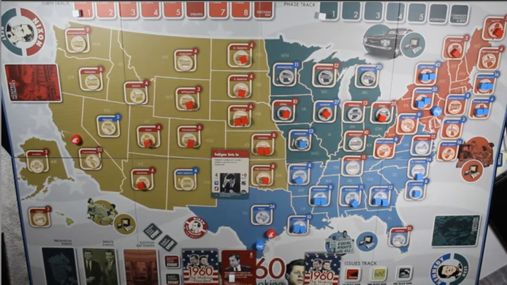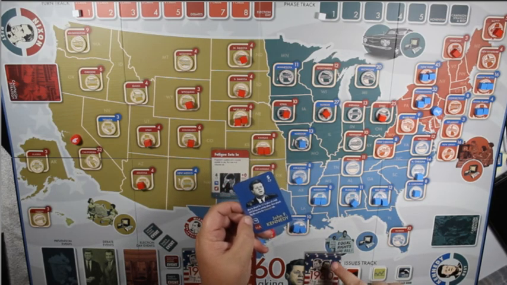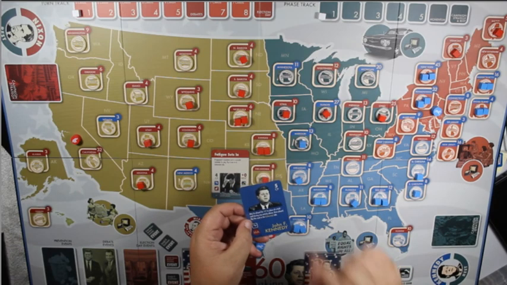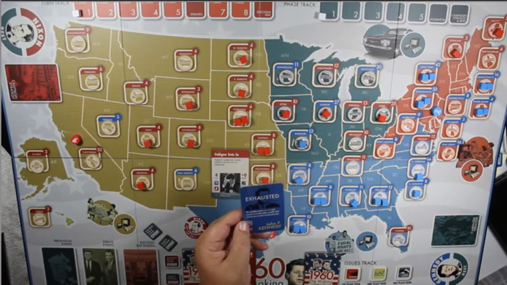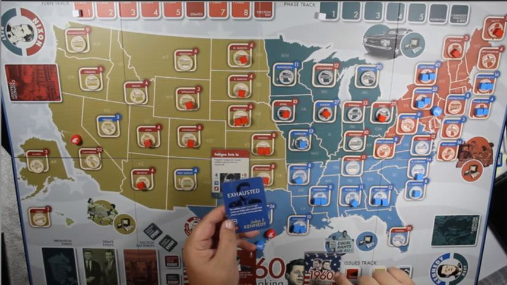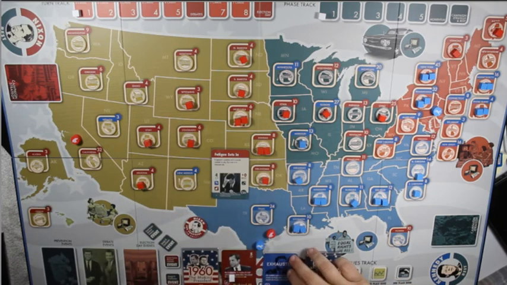At any time, you can play your candidate's card instead of a card from your campaign deck for 5 CP, and then you flip it over to exhausted. You can't flip it back from exhausted unless you get an event that says you can do so. So Nixon is going to go ahead and dog JFK right from the word jump and make him tired. He gets 0 rest. He's using the text, and that is all for this right here.